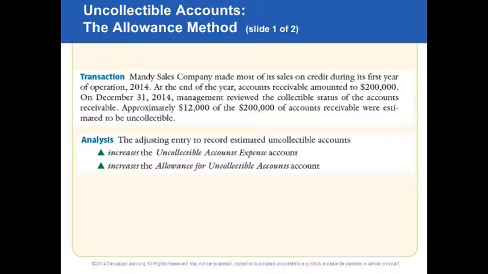There's an adjusting entry that you would make that would increase what's called the uncollectible accounts expense. So expenses go up for this uncollected debt. And it also increases what's called the allowance for uncollectible accounts, which is on the asset side. And remember, even though it's considered an asset, it's actually a bad asset. It's an allowance for an uncollectible account.